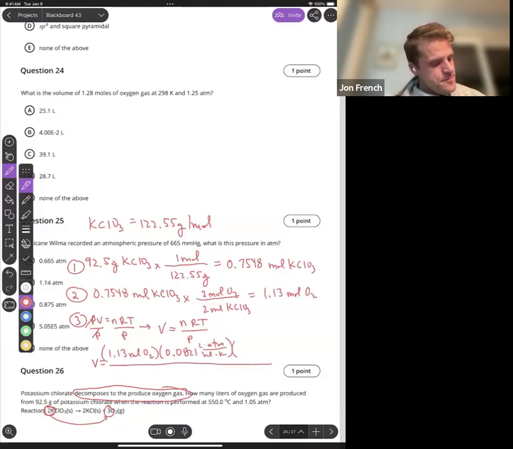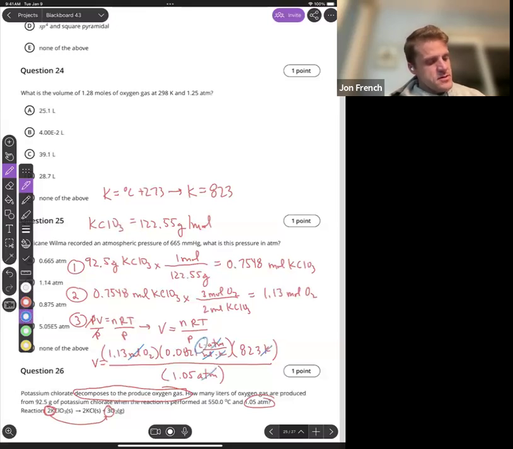My temperature, Kelvin equals degrees Celsius plus 273, so temperature in Kelvin equals 823. And my pressure, 1.05 atm. All right, unit analysis, we multiply, moles cancel, Kelvin cancels, we divide, atmospheres cancel.